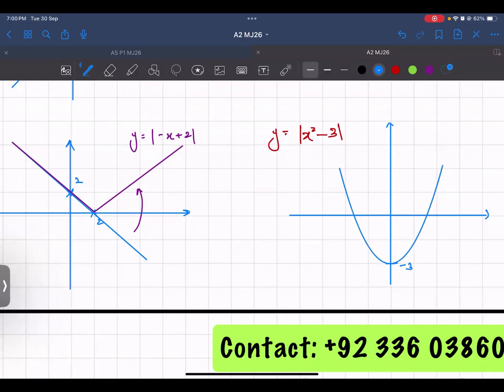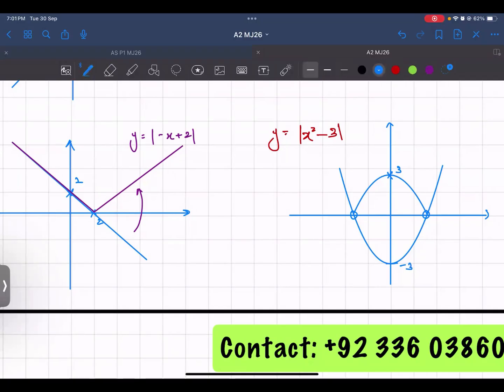But now the problem is the modulus part. So what will the modulus do? It will reflect everything that is below the x-axis. It will convert it into positive. Now it will pass through positive 3. The y-intercept was previously minus 3, but after the modulus, it got reflected.